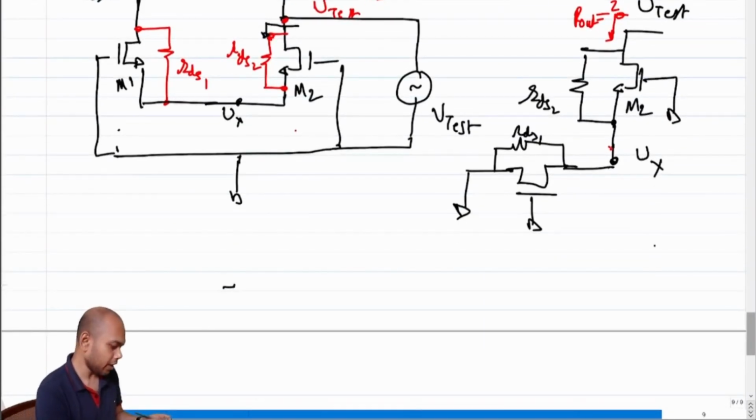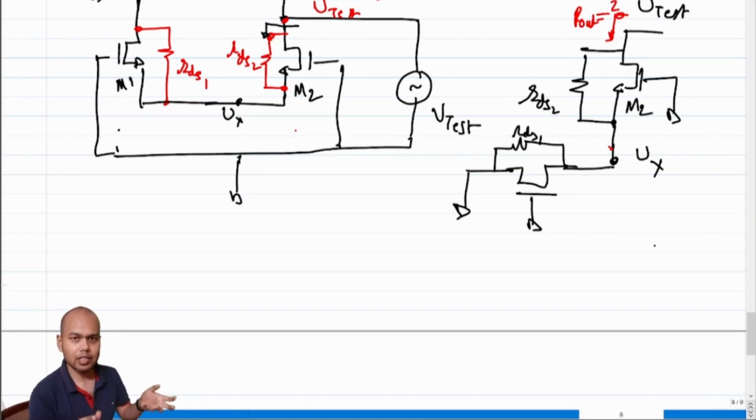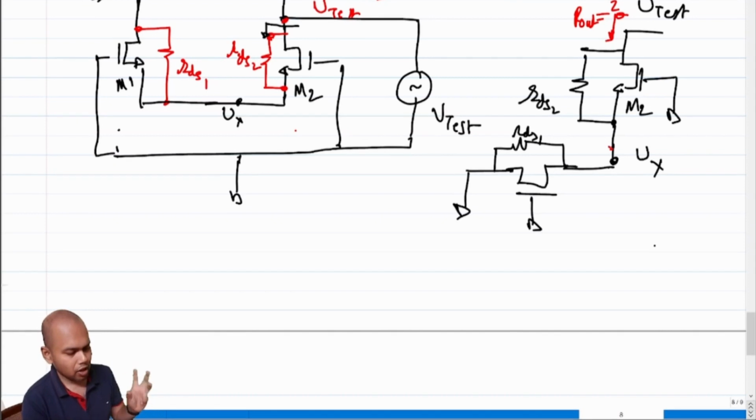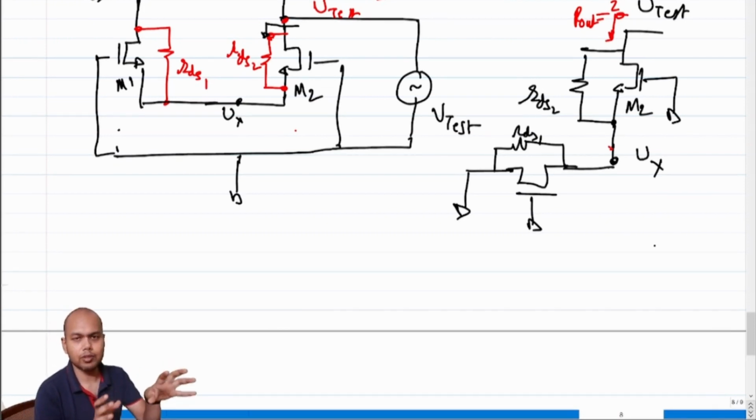In order to simplify it, we first need to pause for a moment and ask: is there a particular structure from whatever we have done in this course that we are comfortable with? Can you recall a structure in which something is connected to the source of the transistor, and we need to find the output resistance looking into the drain of the transistor?